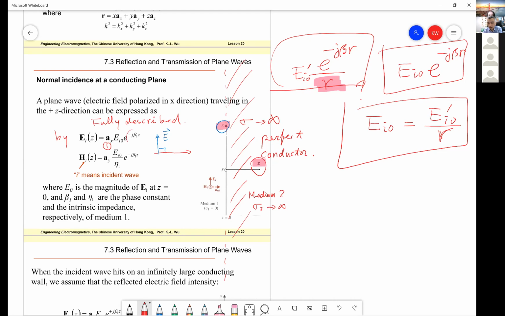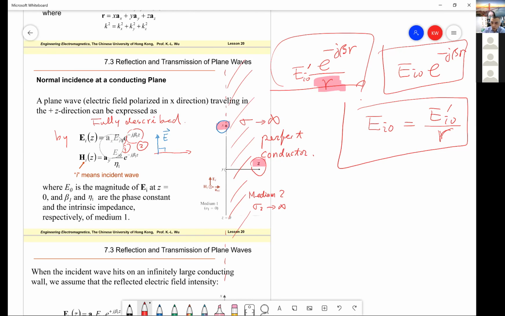Second, phase term. Third, magnitude. Even though we don't know what the magnitude is, we have something. If you write a plane wave with all these three factors, you won't be wrong, right?